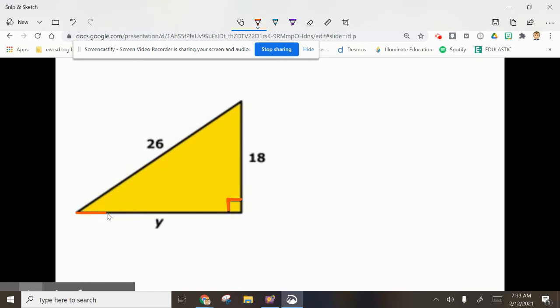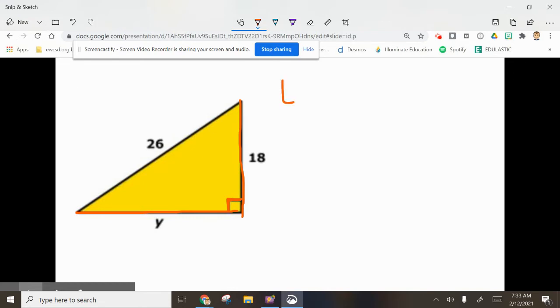This leg here, and then this leg here. So those are your legs, and this is your hypo. But honestly, we don't want to call it anything. We already know what it is. What's our hypo? 26. So we know what the hypo is, which is important.